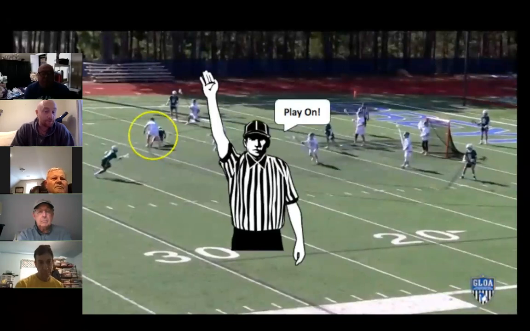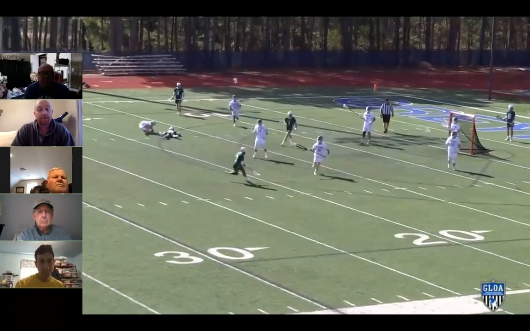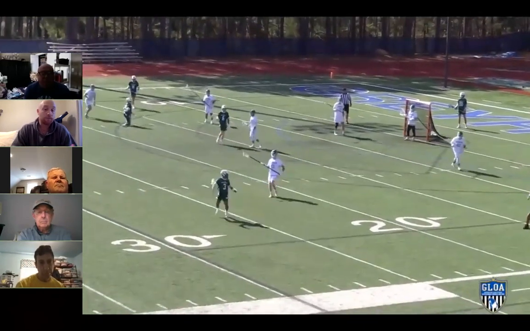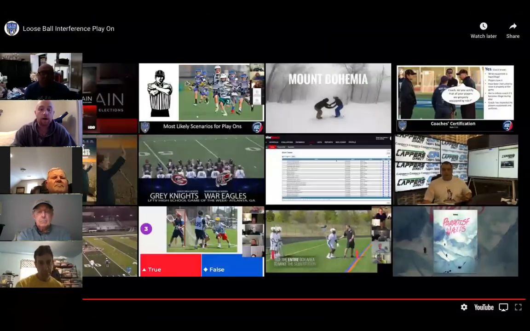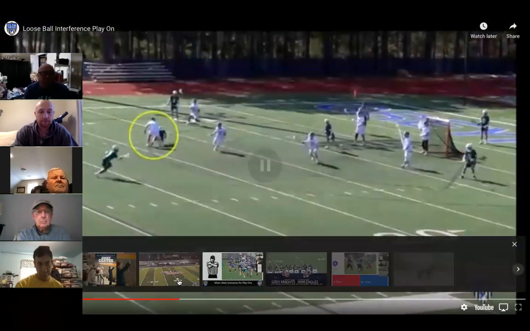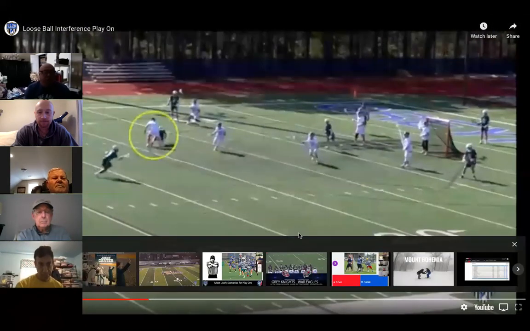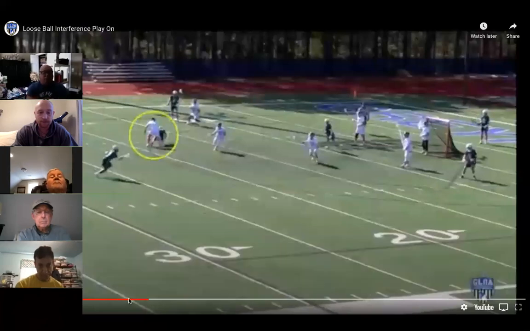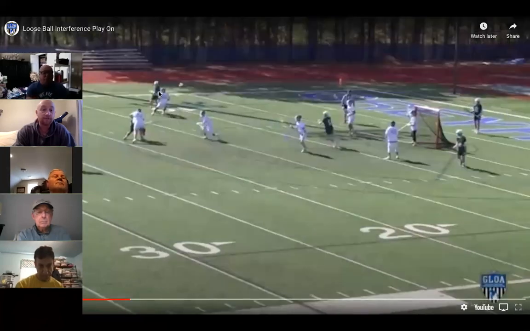So green has the ball. Green passes the ball. Ball is more than 5 yards away while the ball's in the air. Let me go back. I'm going to try to pause this exactly where it takes place. While the ball is in the air, this green player is passing the ball over to this green player.